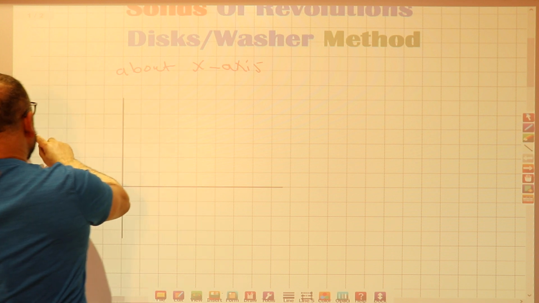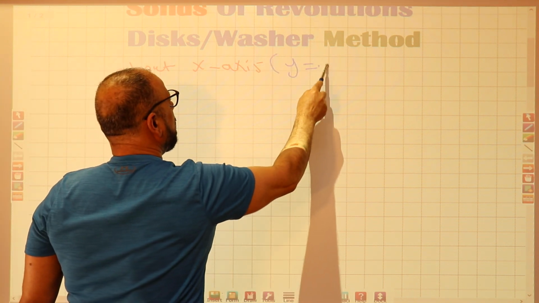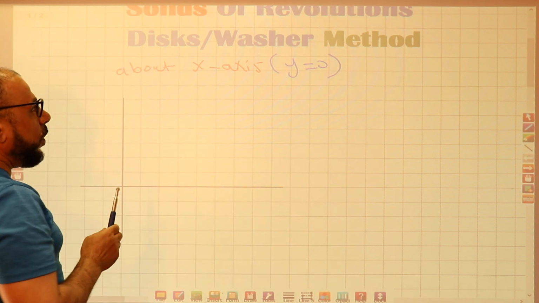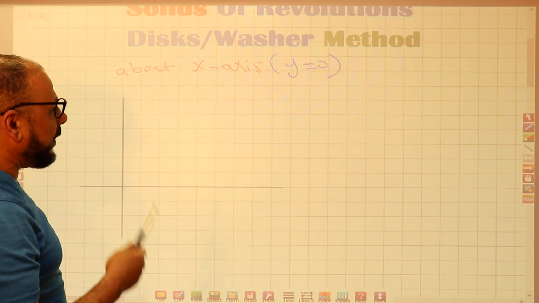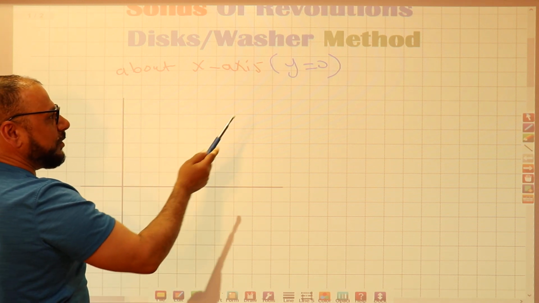And remember, x-axis means y equals what? 0. Y equals 0. Also, we will revolve any function about any line parallel to the x-axis.